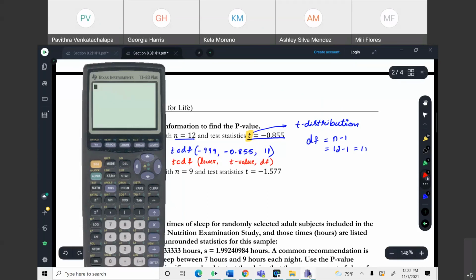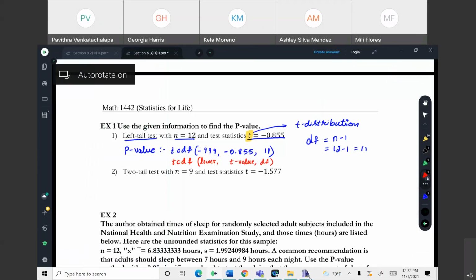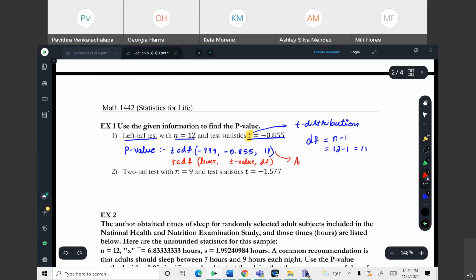So if you do this, the p-value area will be 0.20.